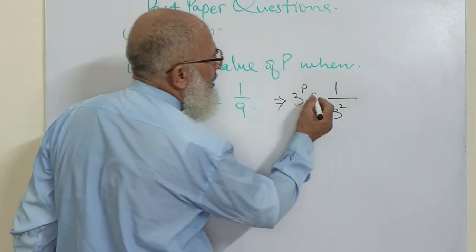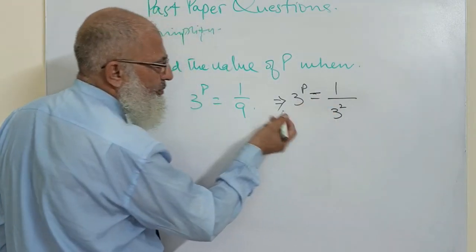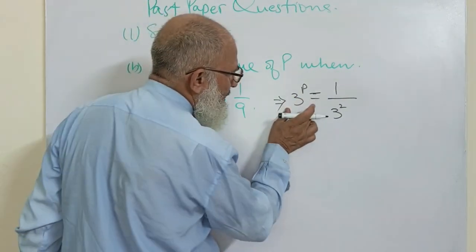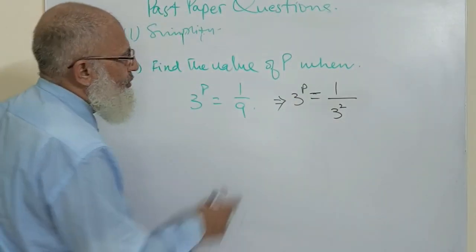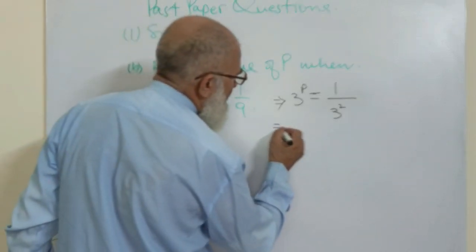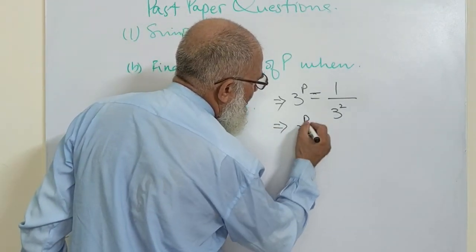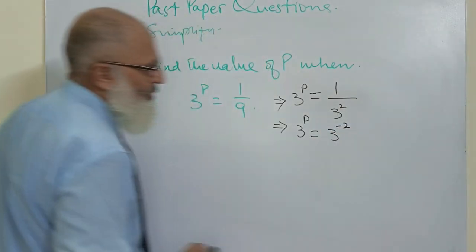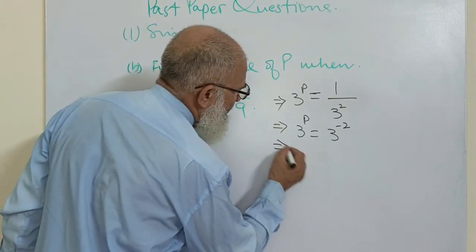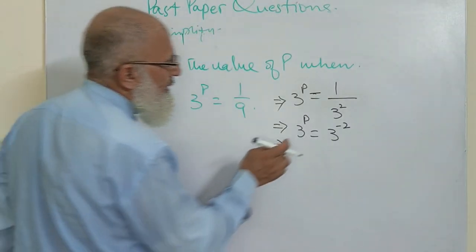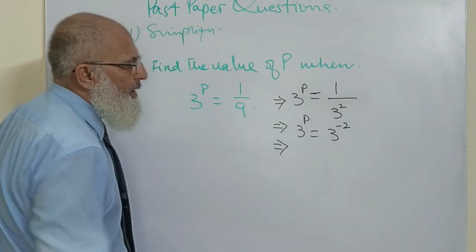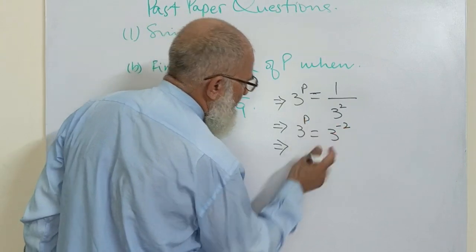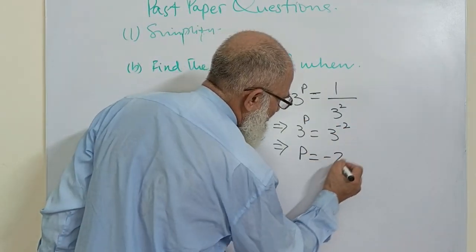Now, since the bases are the same, but this is a whole number and this is a fraction, we'll bring this whole thing over here. Now this is the law: when the bases are the same and there is a sign of equality between them, then the powers or indices are the same. Now p is equal to minus 2.